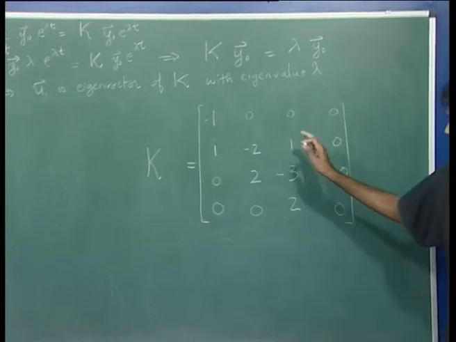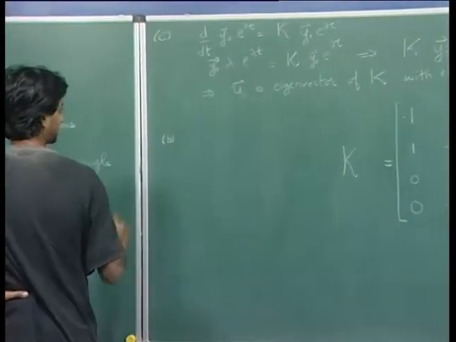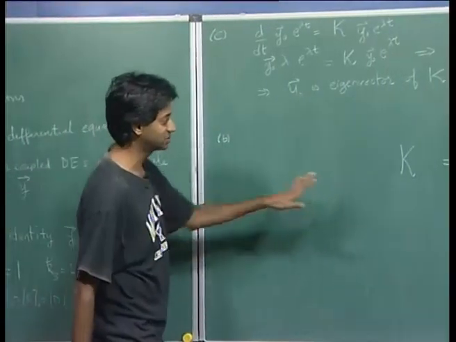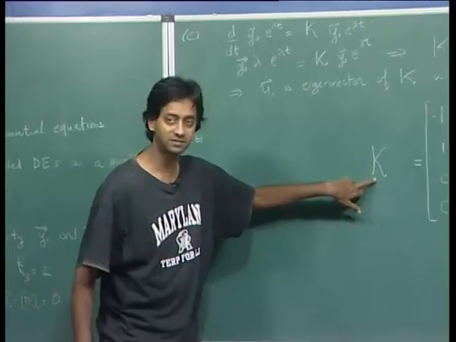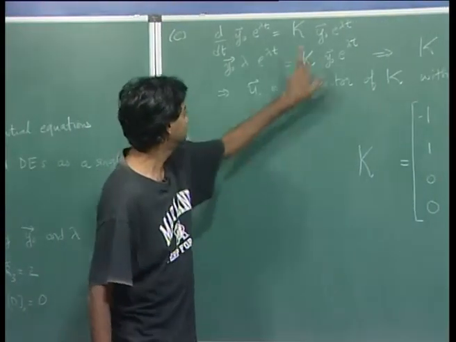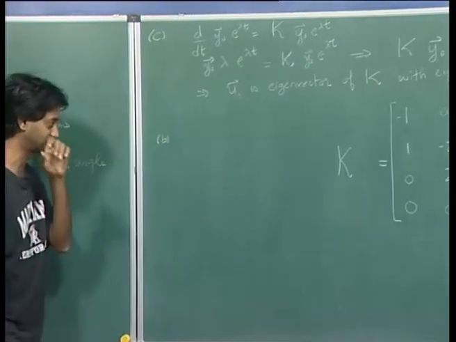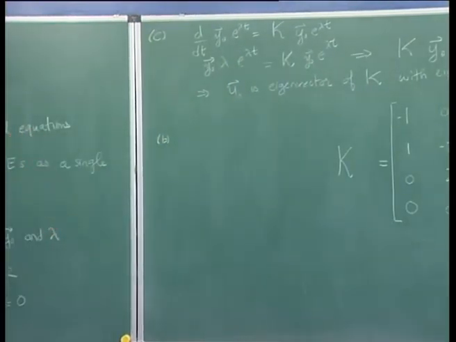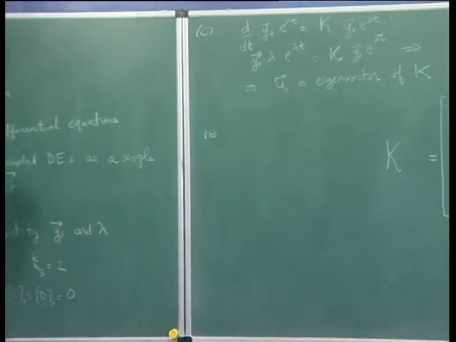Okay. So, this is my k matrix, and according to this prescription I need to find the eigenvalues and eigenvectors of this matrix. If I find them, then I can go ahead and find the general solution to this set of coupled differential equations. So, let us go ahead and try to find the eigenvalues and eigenvectors of this matrix k.